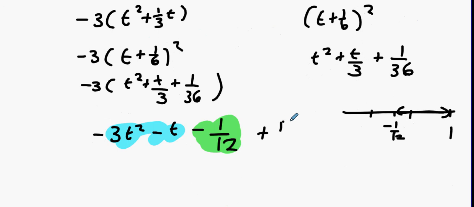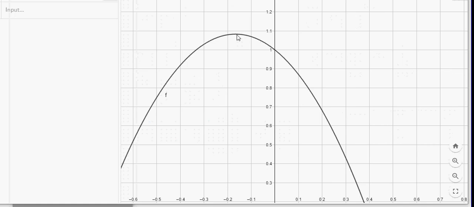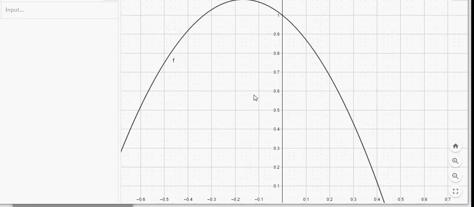What's 13 over 12 in the calculator? 13 divided by 12? 1.08. And what did I say about the peak of my graph? 4 blocks is roughly 1.08. Right? And what's the x value?